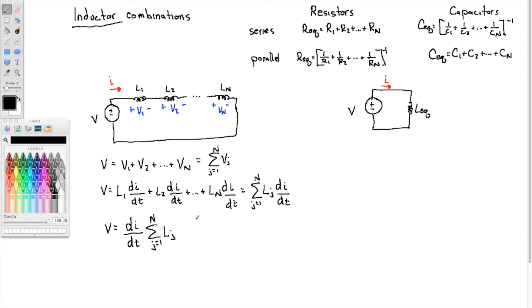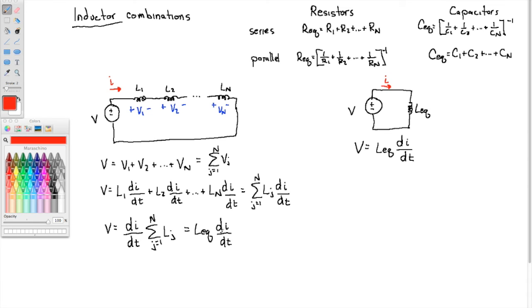Alright, and we'll come back to this in a little bit, but the circuit on the right, nothing fancy is going on here. We just have one inductor, and so the voltage-current relationship is V equals LEQ di/dt. Now this notion of equivalence means that we can set the V's equal to one another. So let me do that down here. This equals this V, which is LEQ di/dt.